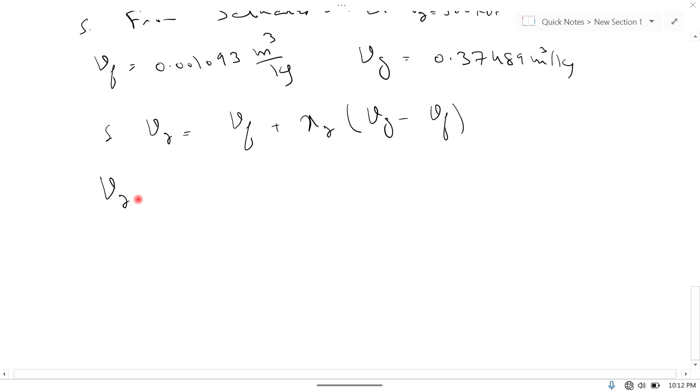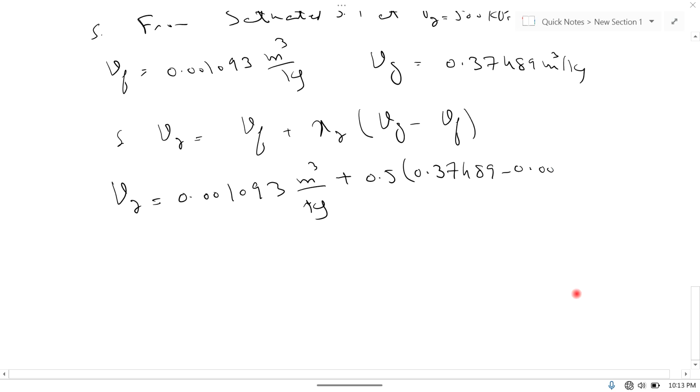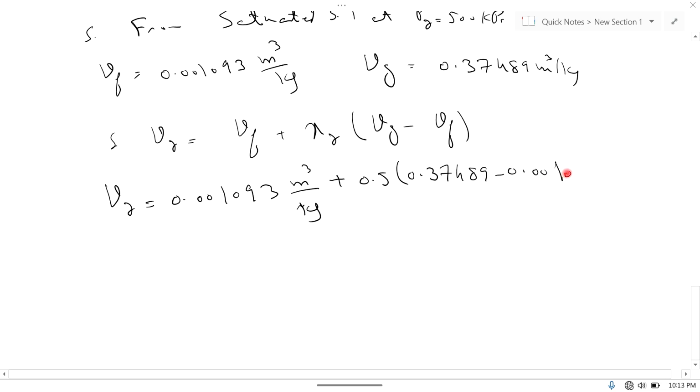So V2 is equal to 0.001093 meter cube per kg plus x2, which is 0.5, into Vg, 0.37489, minus Vf, 0.001093 meter cube per kg.